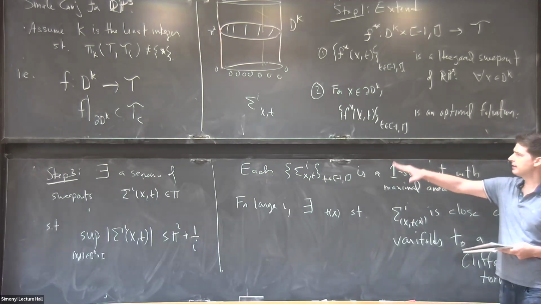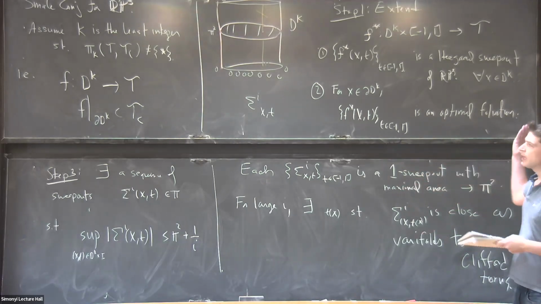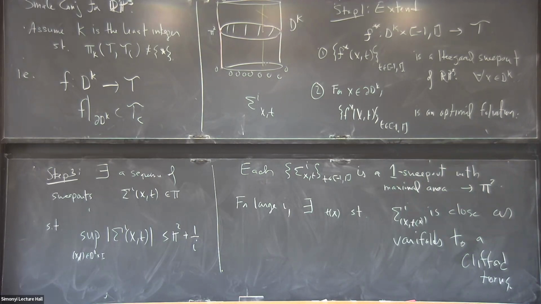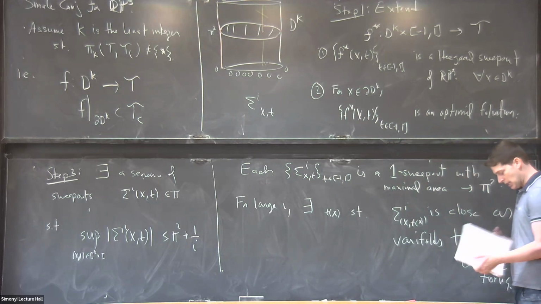So I didn't say that when I stated the min-max theorem, but it also follows that some minimaxing sequence also converges to the Clifford torus. It's not just that there exists a torus; it arises from one of these sequences.